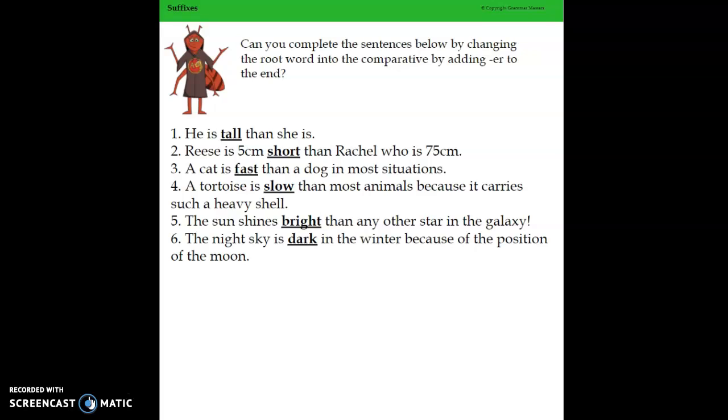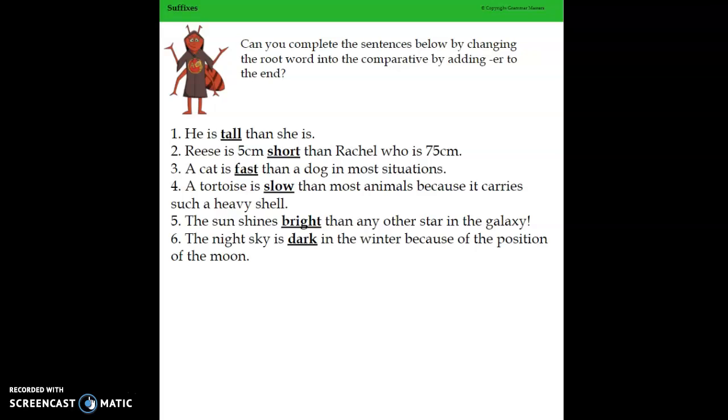A tortoise is slow than most animals because it carries such a heavy shell. We're comparing tortoise with different animals. You need to change the word slow by adding the suffix. The sun shines bright than any other star in the galaxy. Again, you need to change the word bright.